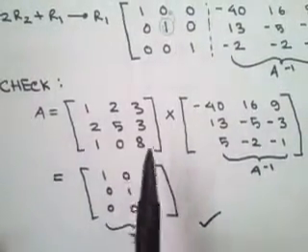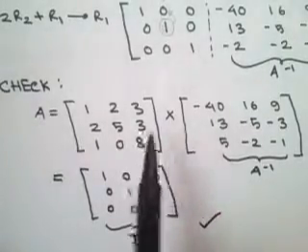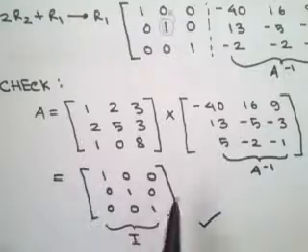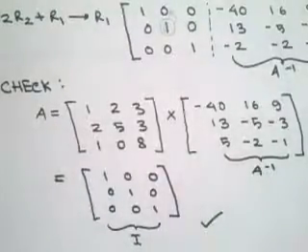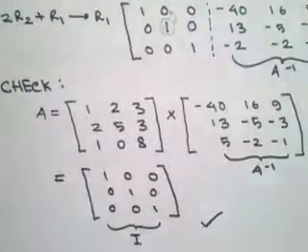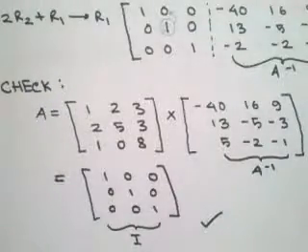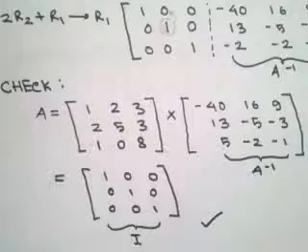If we find the multiplication of A and A inverse to be the identity matrix of 3 by 3, then we can say that our procedure was correct and our values are all right for the A inverse of the 3 by 3 matrix.